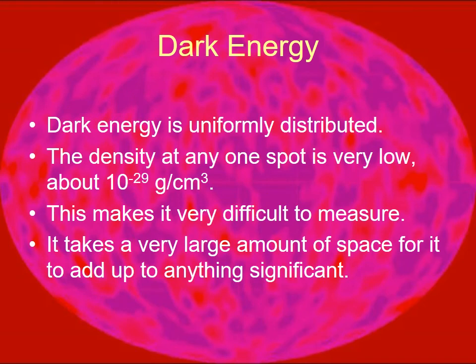Dark energy is uniformly distributed around the universe, and so that means it's everywhere, but it is entirely a tiny little amount. Imagine energy, E equals mc squared. If you take the amount of energy and divide by c squared, it gives you the equivalent amount of mass that's there.